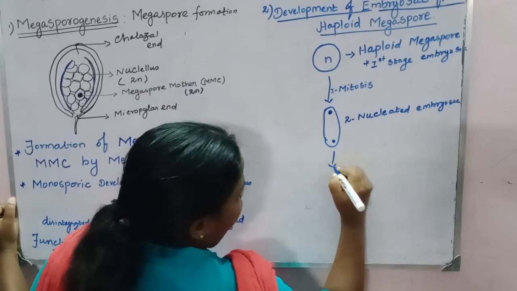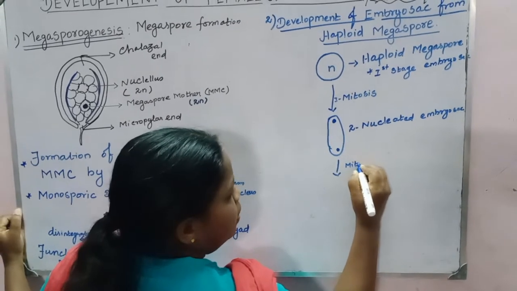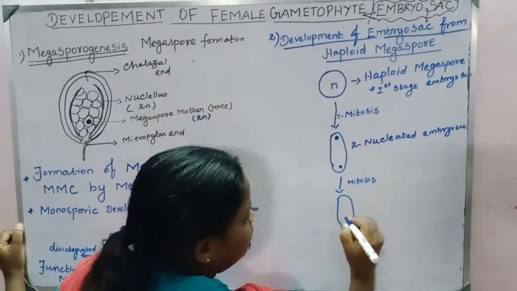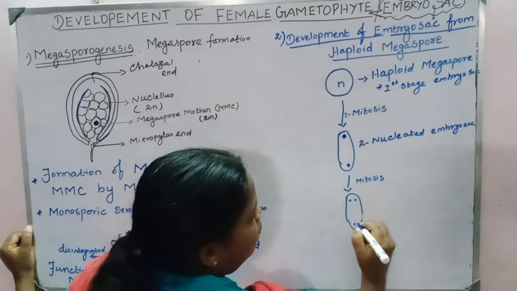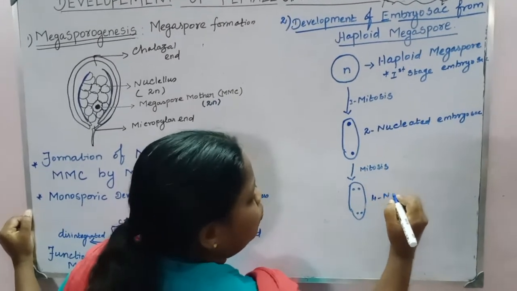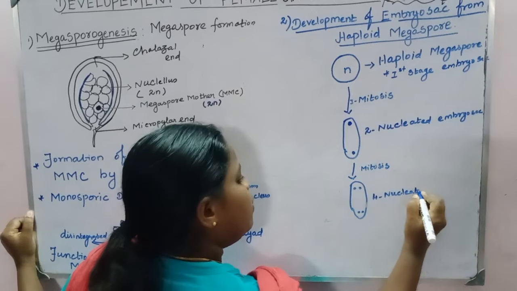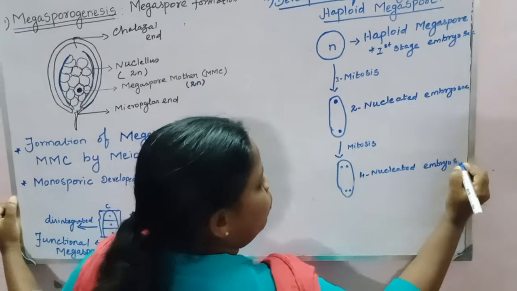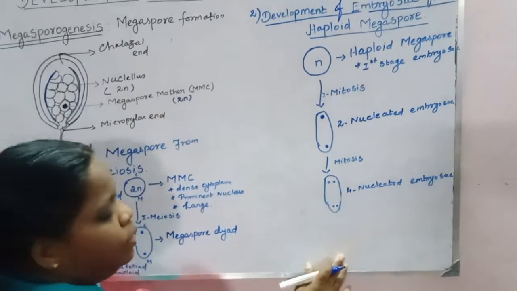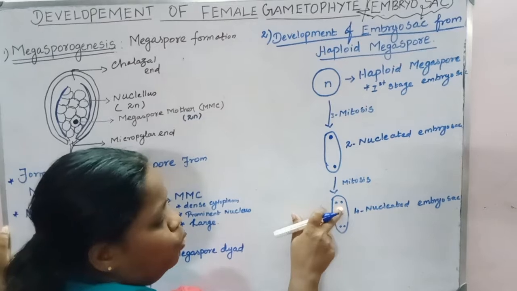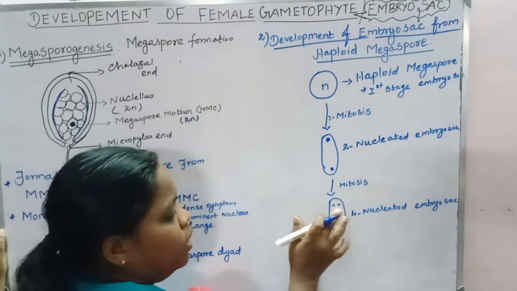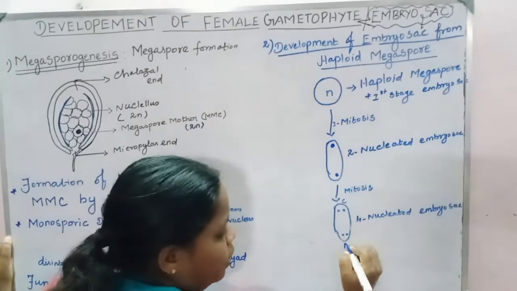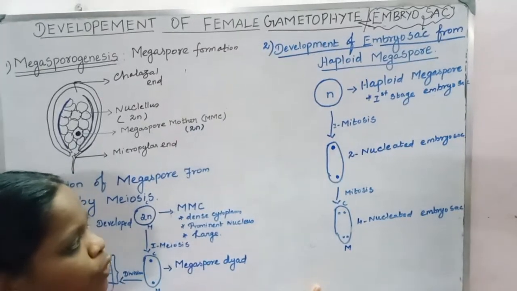Again it undergoes division, mitosis, and produces a four-nucleated embryo sac. Two nuclei move towards the chalazal end, and two nuclei move towards the micropylar end. Okay.